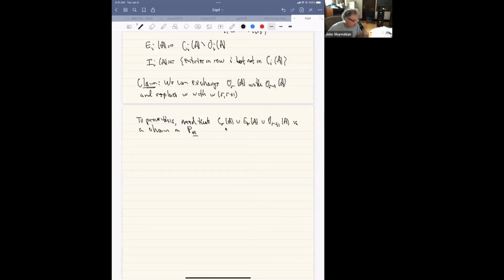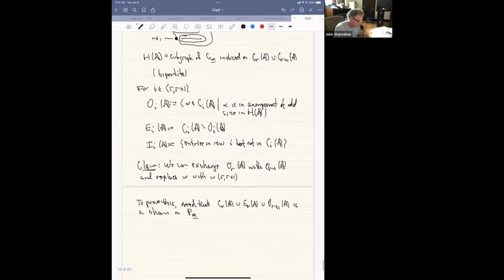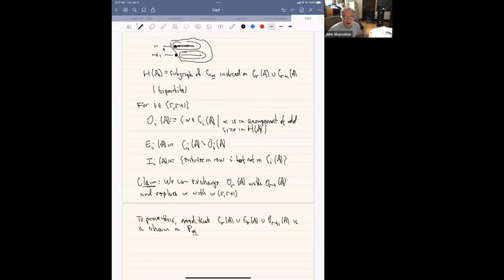I'm in row R. The things in here form a chain, and IR are the things that start the chain, and ER are some of these. The things in OR plus 1 are related to the things in ER. That's what I was talking about before.